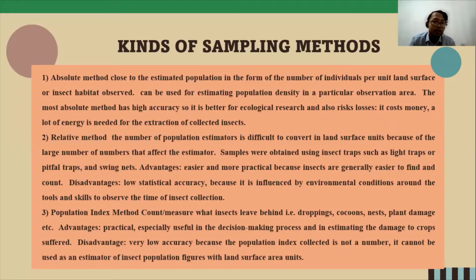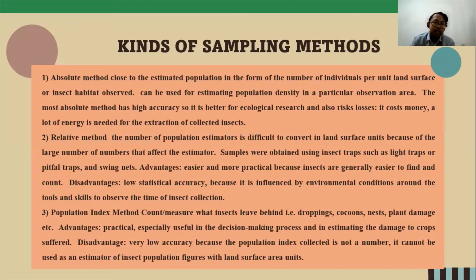For number 2, relative method. The number of population estimators is difficult to convert to land surface unit because of the large number of factors that affect the estimator. Samples were obtained using insect traps, like light traps or pitfall trap, and swing nets.